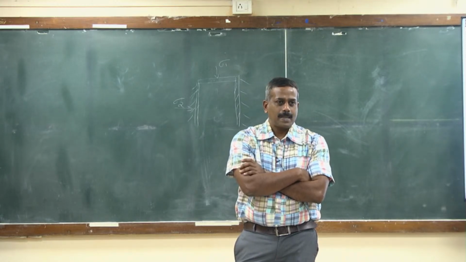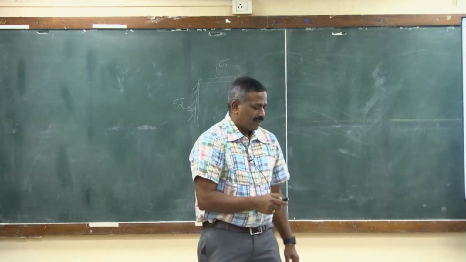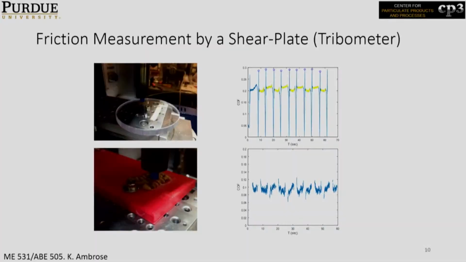Can you explain the tribometer again? For the tribometer, it's mainly used for measuring the wear on surfaces. So for example, tire companies, metal companies, they want to know how much they lose by wear, right? So we modified that setup a little to calculate the friction.